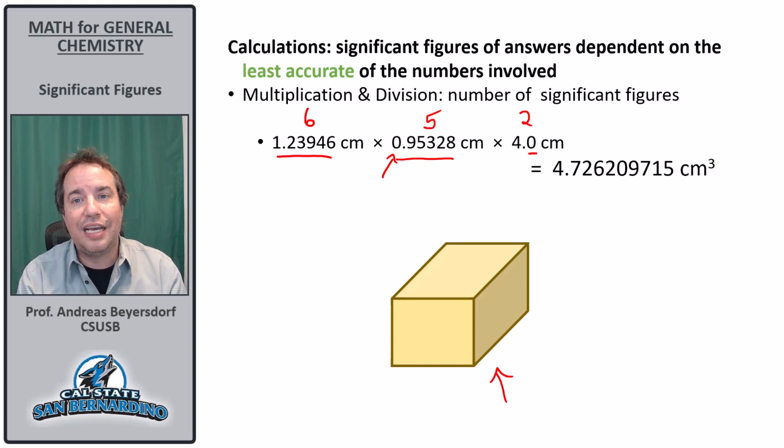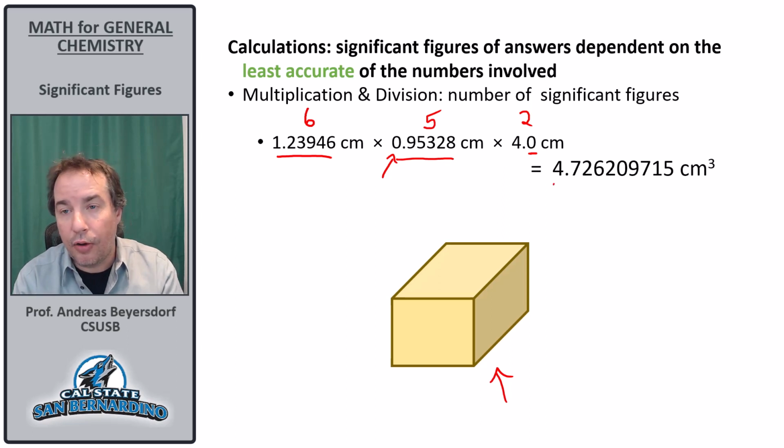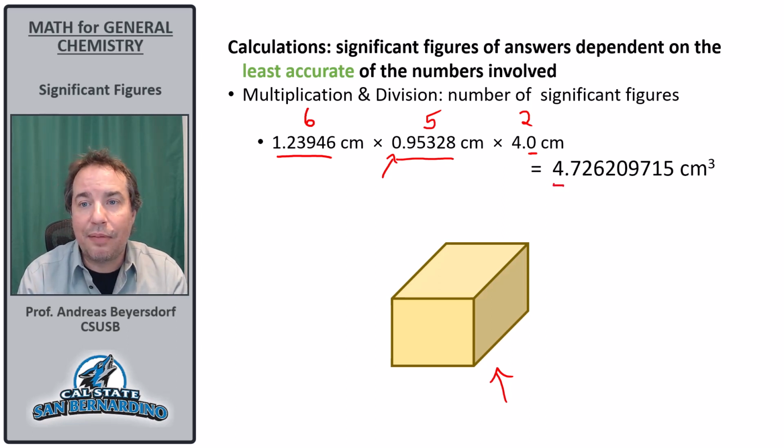So I have 6, 5, and 2. So I want my answer only to have 2 significant figures. So I look at this and I have 4.726. And I say I'm keeping the 4, I'm keeping the 7. And because this is a 2, I'm going to round down. This becomes 4.7 centimeters cubed.